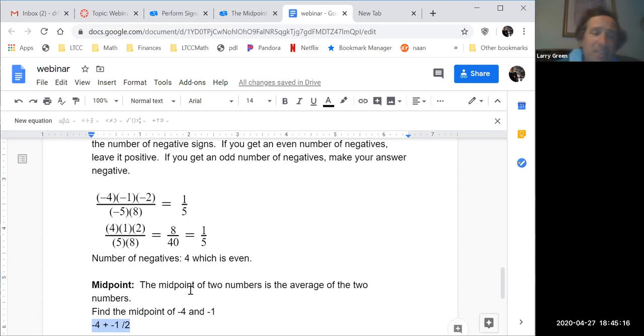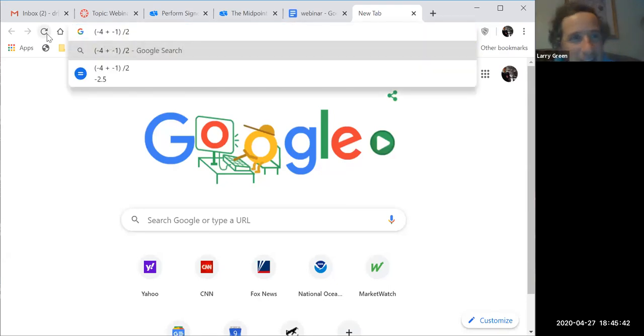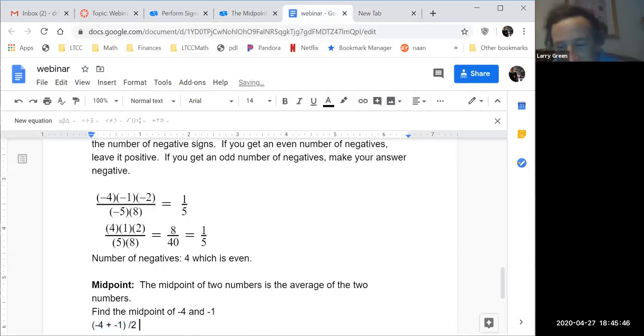This is a common mistake when students enter into a calculator: the calculator will do order of operations no matter what. So you must put in parentheses when you're adding and then dividing by 2. If we do that and copy and paste into my Google calculator, I get negative 2.5. And then I can say equals negative 2.5.